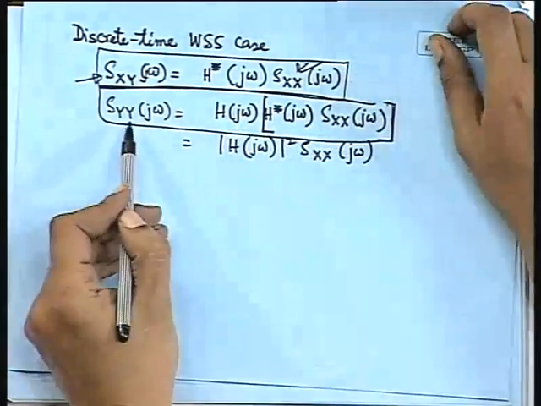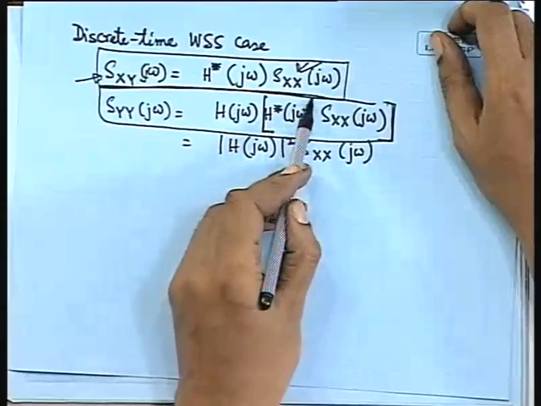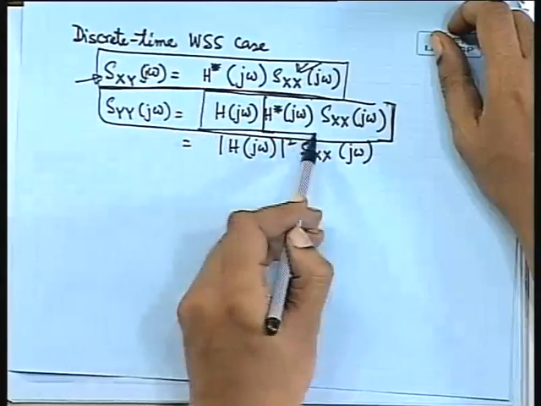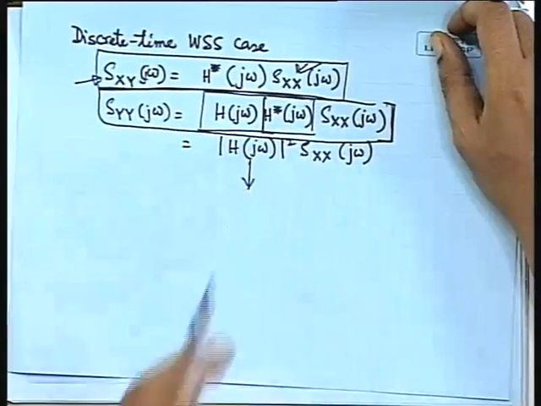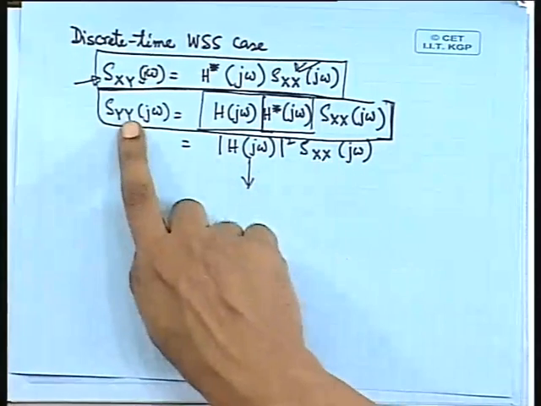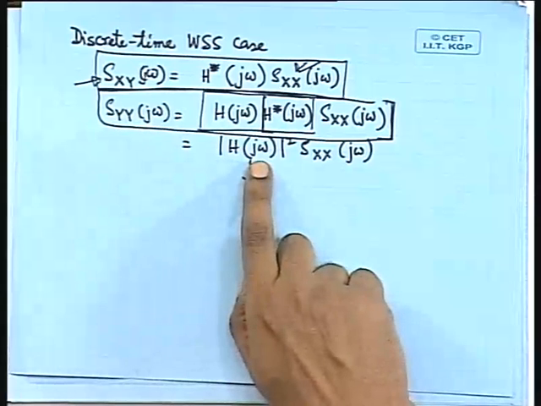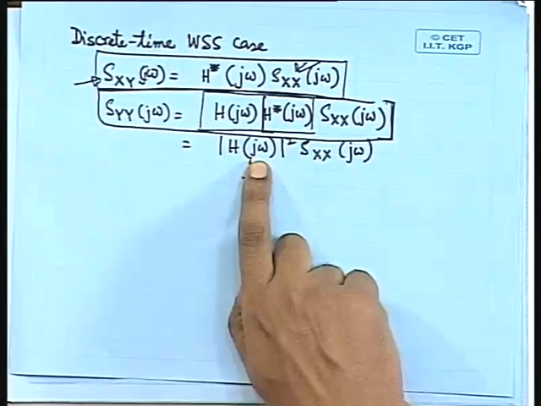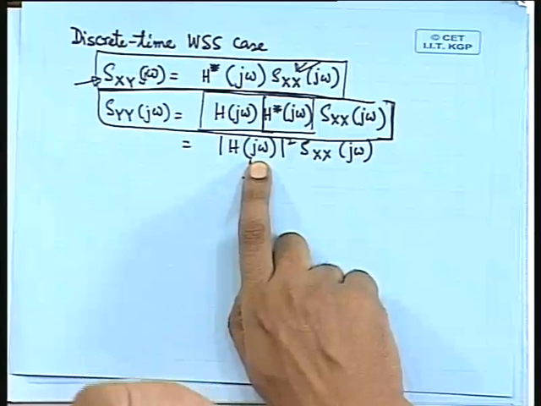So finally if you multiply these two together, you get magnitude of h j omega square, and so now you have established a relationship that the power spectrum of the input and the power spectrum of the output are related by this quantity, the magnitude of the h j omega function whole square.